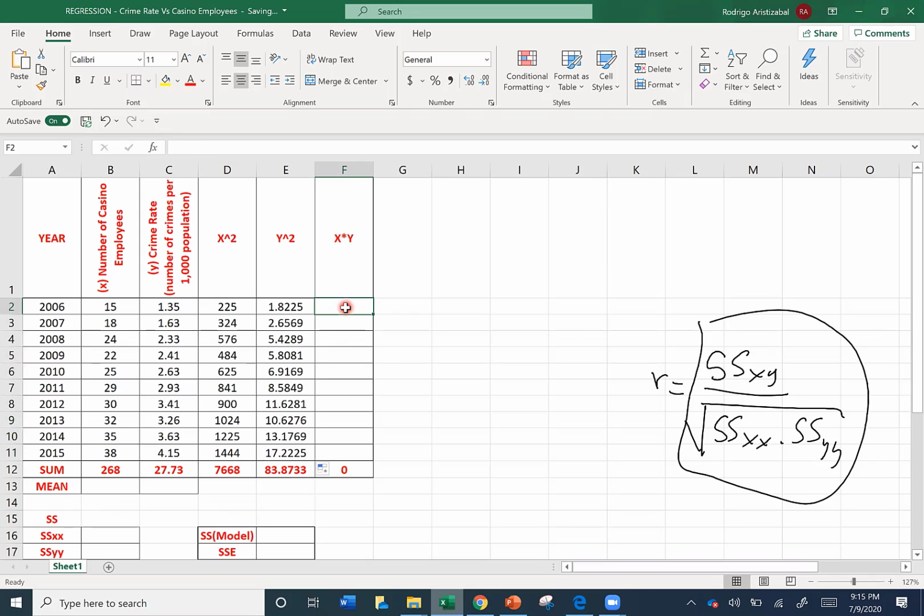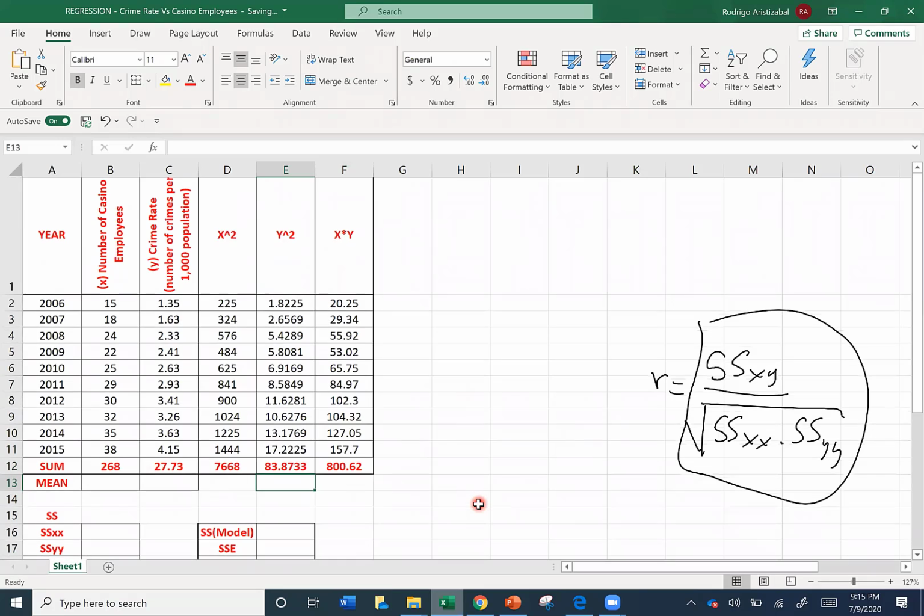And also we need the product of x times y. Then x times y, and we can copy this formula here. And we have everything there.